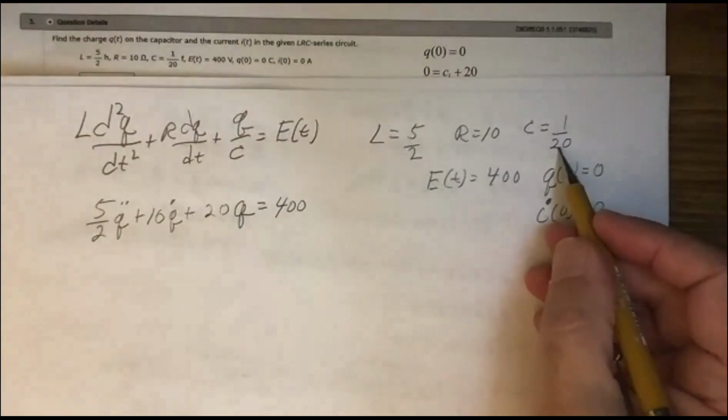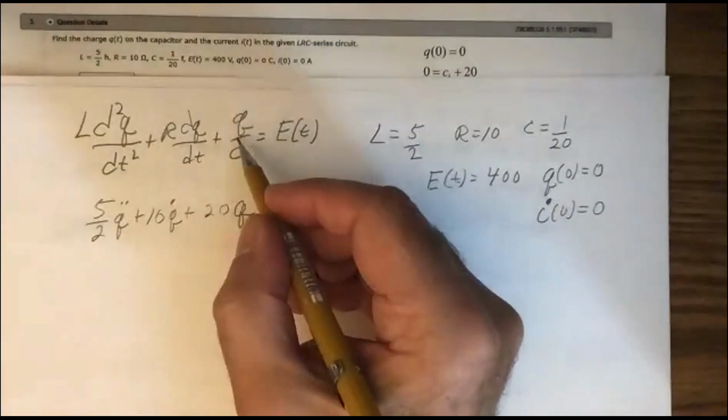C is 1/20, so therefore 20 is equal to 1/C. I've got 1/C here.